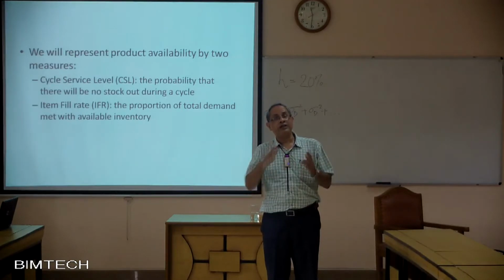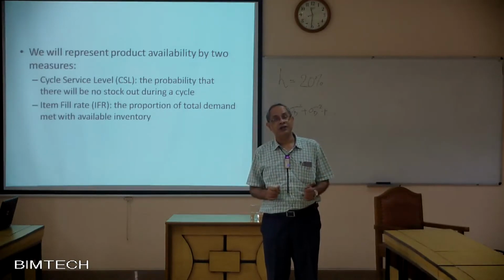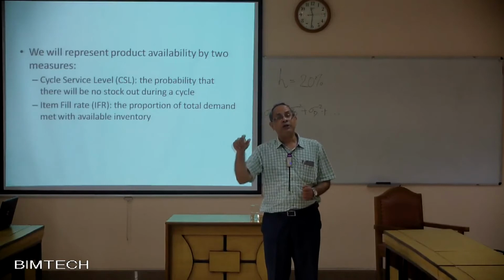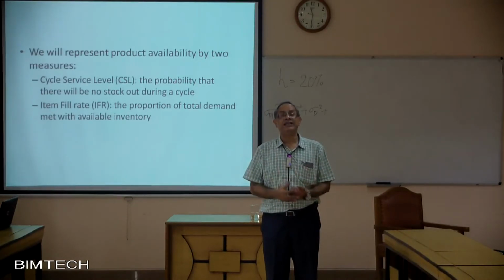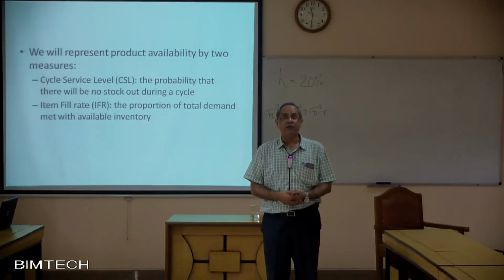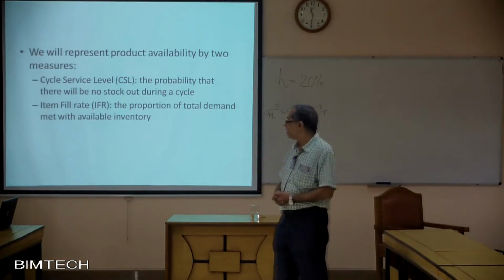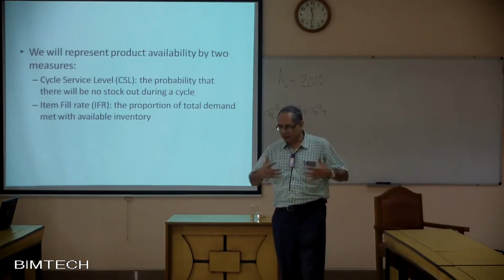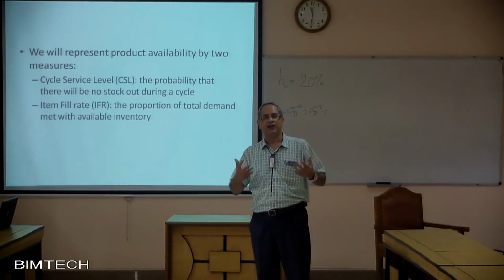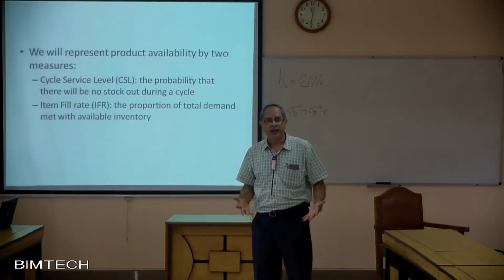If you relate this to our earlier discussion, we called the probability of a stock out alpha. So when we say CSL is 90%, we mean that our alpha is 10%. Okay, we will of course go ahead and understand CSL a little more in detail soon.